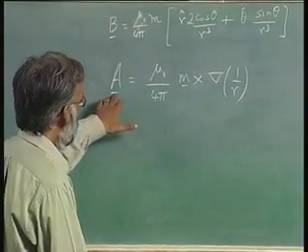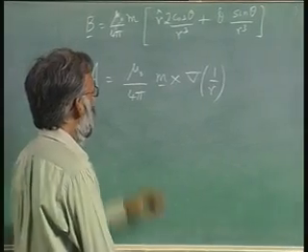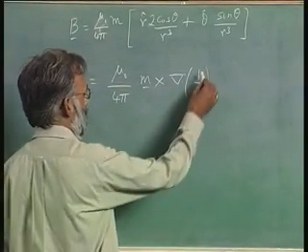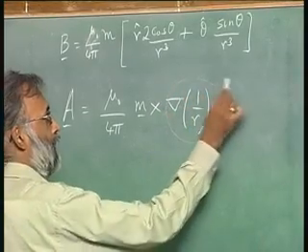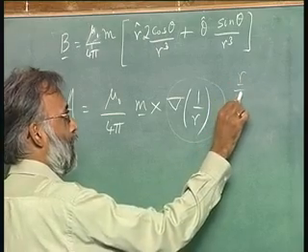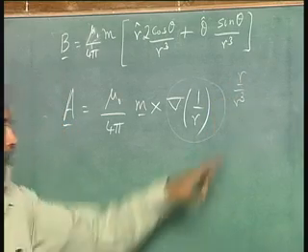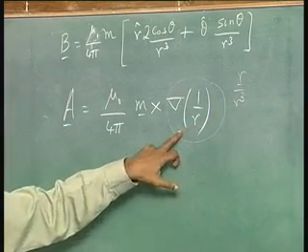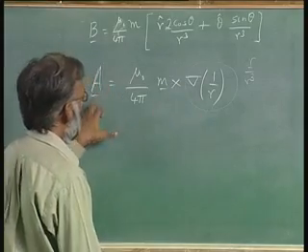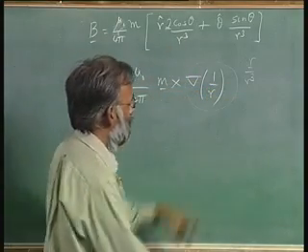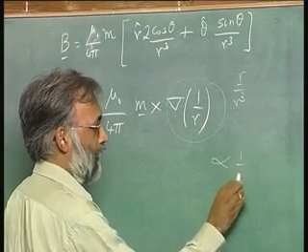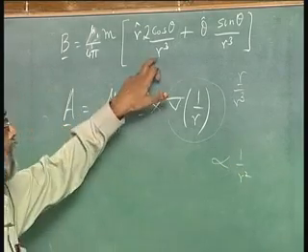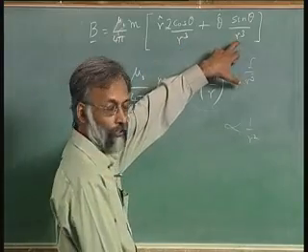Now, what the vector potential tells us is that once again it is the r over r cubed factor that is present. You can see that the vector potential is proportional to 1 over r squared, which means the magnetic field is proportional to 1 over r cubed.